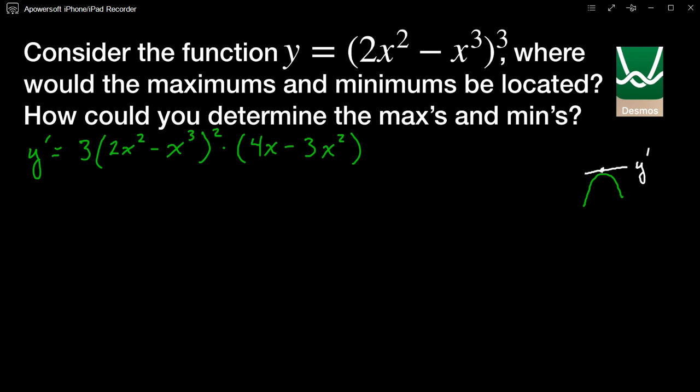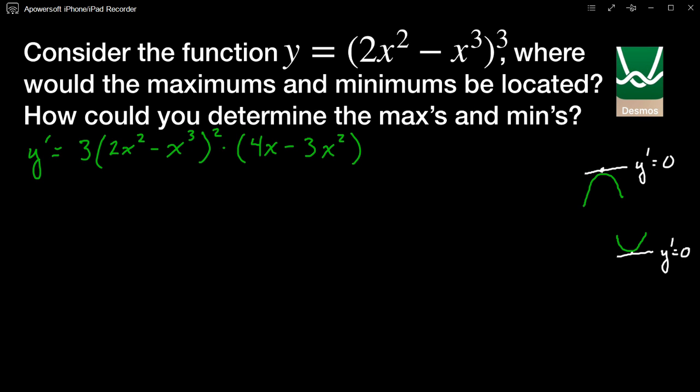And with a horizontal tangent line, your slope is going to be, or your derivative is going to be 0. That's the slope of your tangent line. The same thing with a minimum. You are going to have a horizontal tangent line and the derivative will be 0.